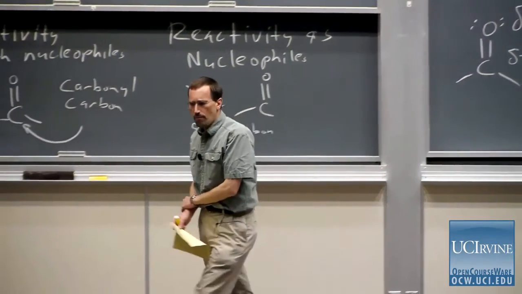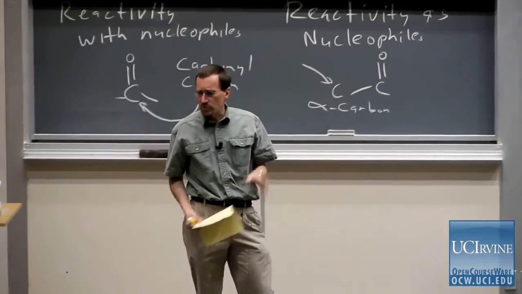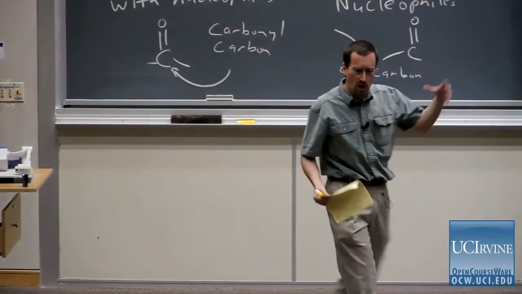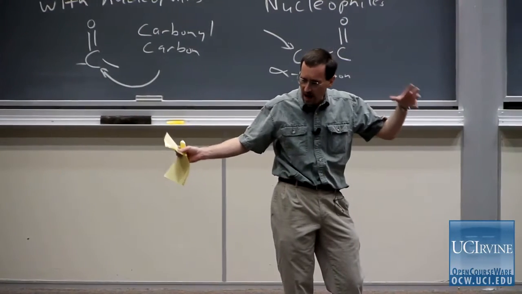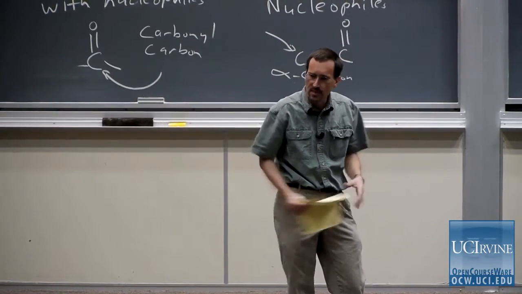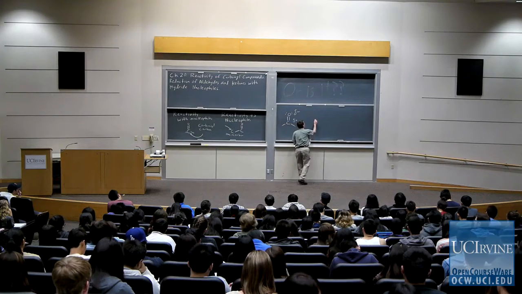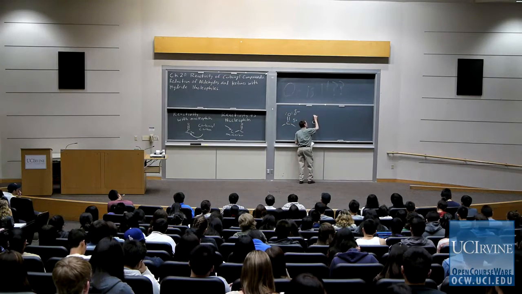We can also represent this type of structure by resonance structures. And remember, resonance structures aren't one or the other, but both at the same time to varying degrees, or in some cases more than two.